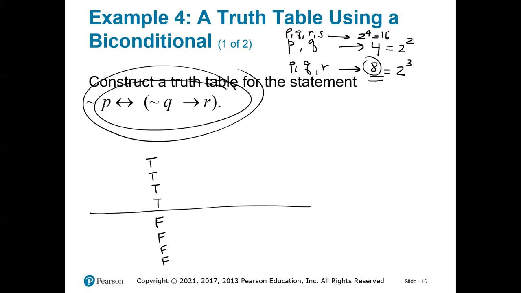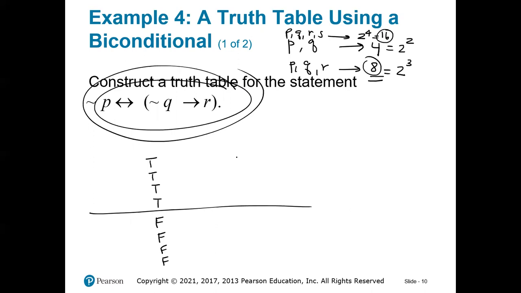I'm going to have 16 rows, right? Divide 16 by 2, the first column will be 8 T's and 8 F's. And the column next to it will be 4 T's, 4 F's, 4 T's, 4 F's, and so on. But let's not worry about the case when we have 4 statements because it's too long. Nobody would ask you that.